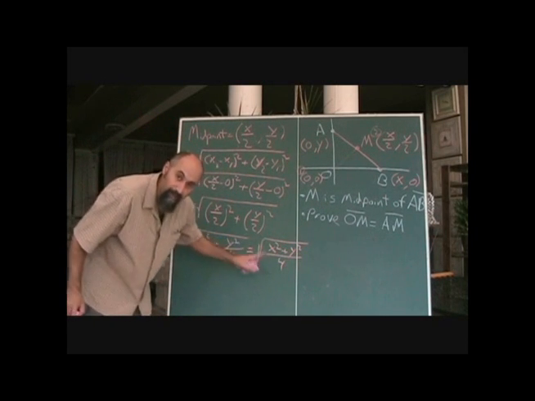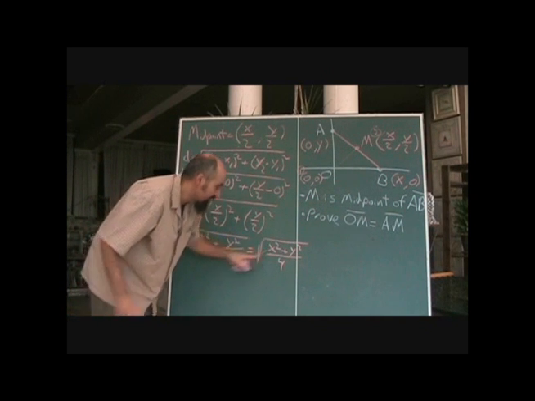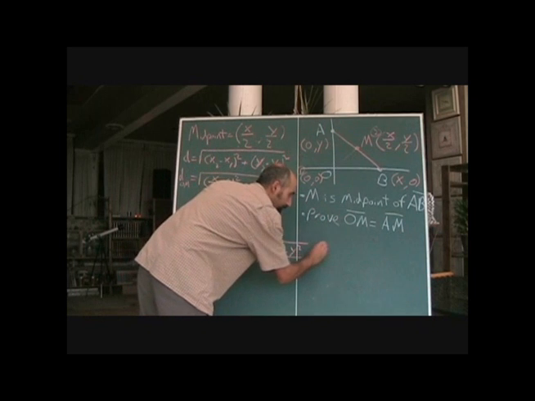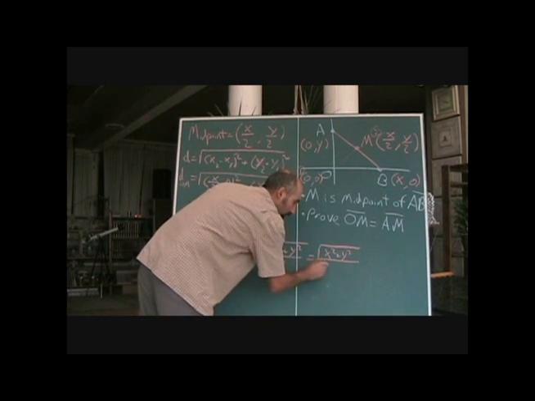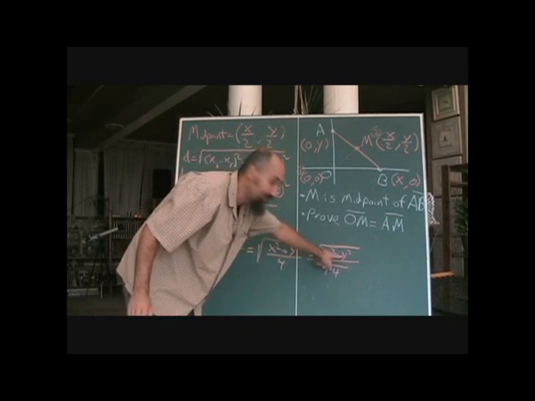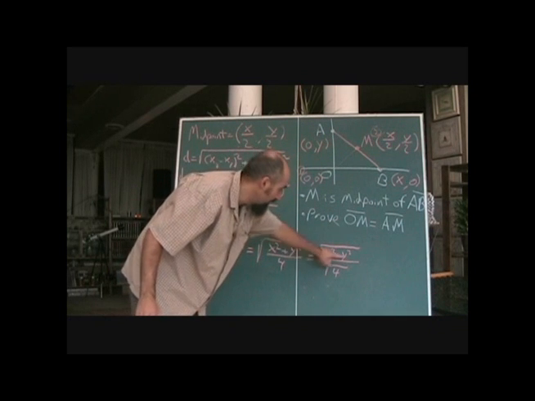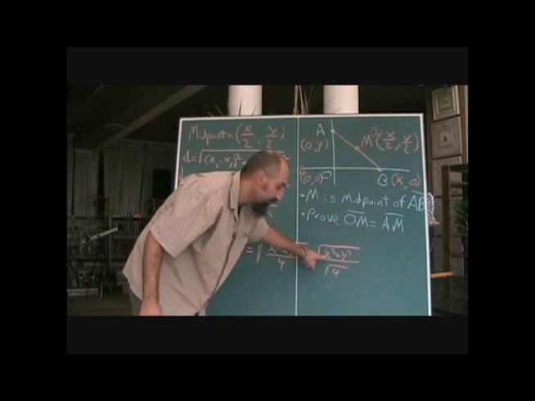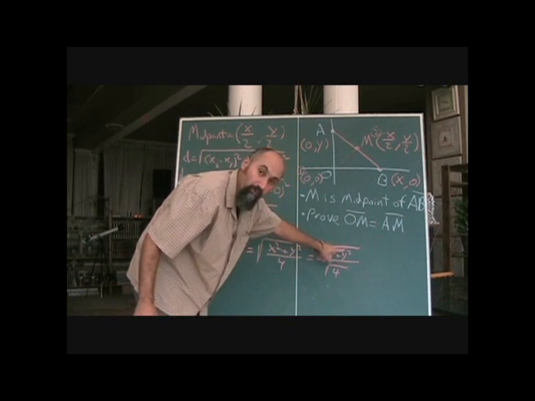You can take this down one more level to simplify it, because this becomes the square root of x squared plus y squared, over the square root of 4. You can't separate x squared and y squared into their own square roots because they're added together. Once there's a plus or minus sign between two numbers or variables, they're joined at the hip, and you can't separate them with the square root.